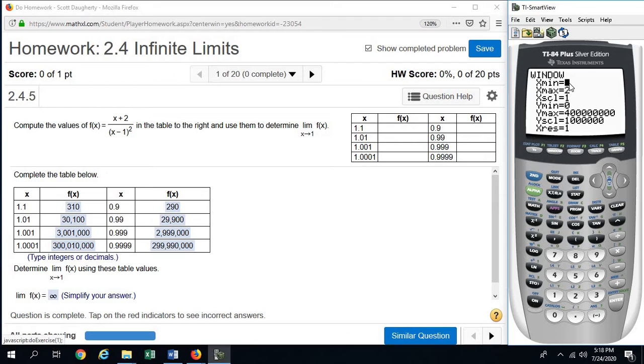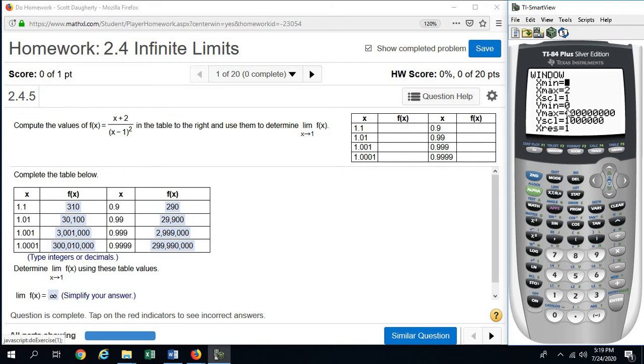Notice I've got my x minimum at 0 and my maximum at 2, and that contains all the x values that we're going to put into the calculator. And then I'm scaling the x-axis by 1. Basically what that does is every unit, it creates a tick mark on the x-axis.